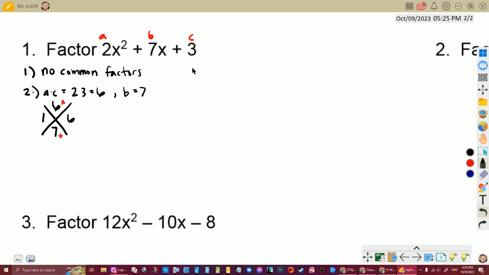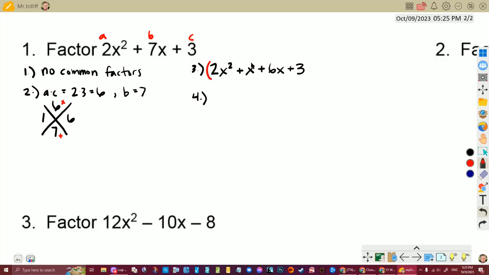Our next step, we're going to rewrite that trinomial and we're going to split up 7x into 1x and 6x. So 2x squared plus 1x plus 6x plus 3. Our last step, we factor by grouping.